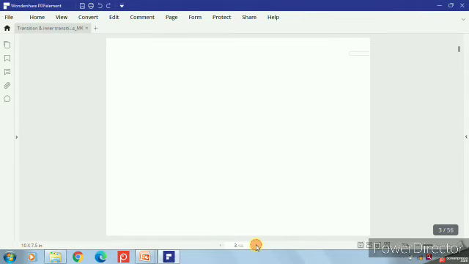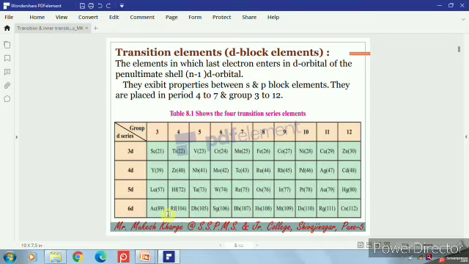This is because their valence electron enters the penultimate shell, not the pre-penultimate, it is the penultimate, last but one. So the series number is 1 less than the respective period. So 4th period 3d series, 5th period 4d series, 6th period 5d series, and 7th period 6d series.